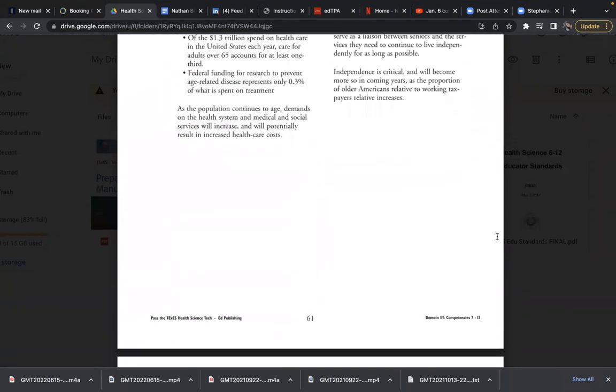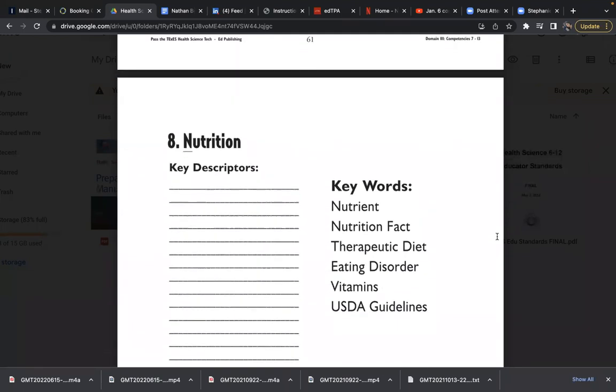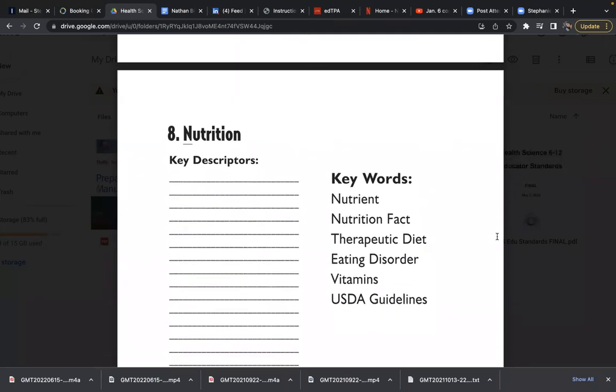Okay, and then continuing with all the issues with the elderly, we get to nutrition. What are nutrients? What do they have to do with our body, and what do we know works for the body? Because there have been changes in nutritional trends. There have been diet fads. There are therapeutic diets.